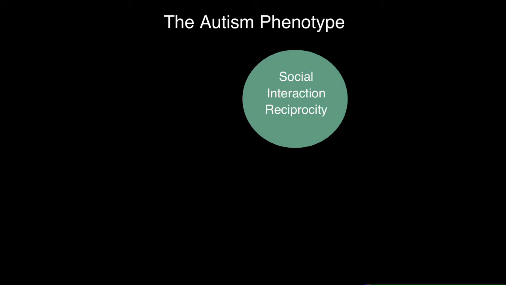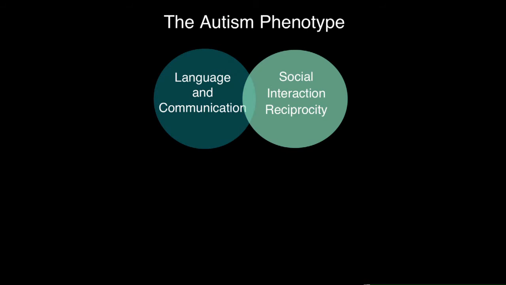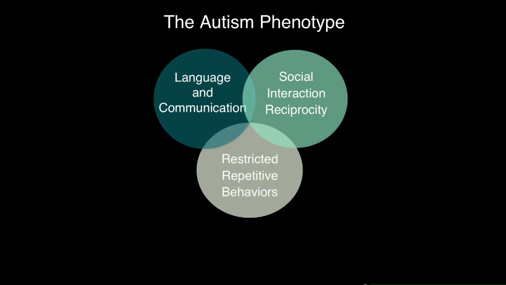Those would be social interaction and communication in a social context, which is an important point, not just communication, but social communication, and restricted or repetitive interests, which is the classic feature of autism that probably most people are familiar with.